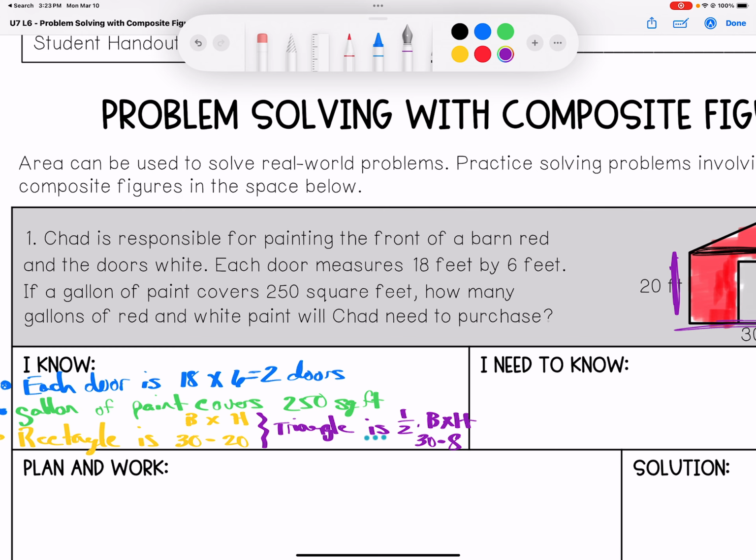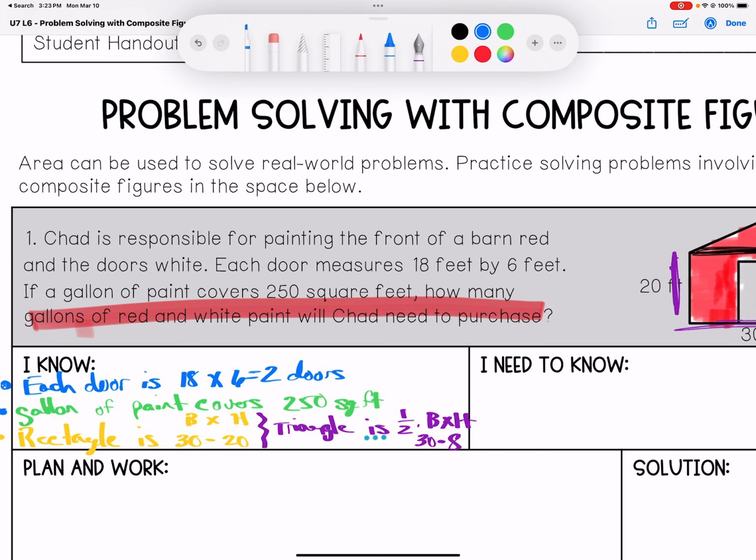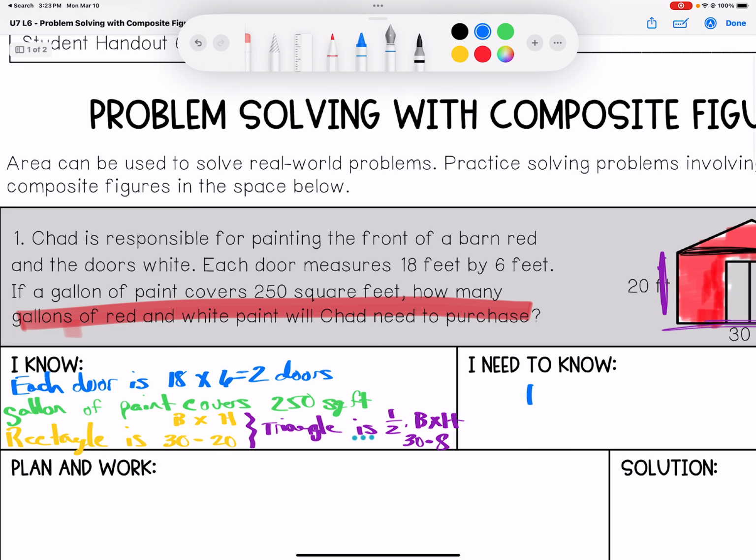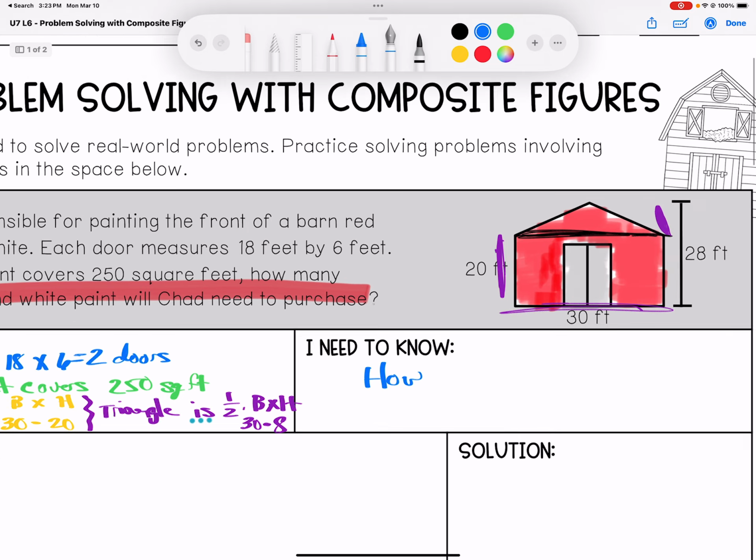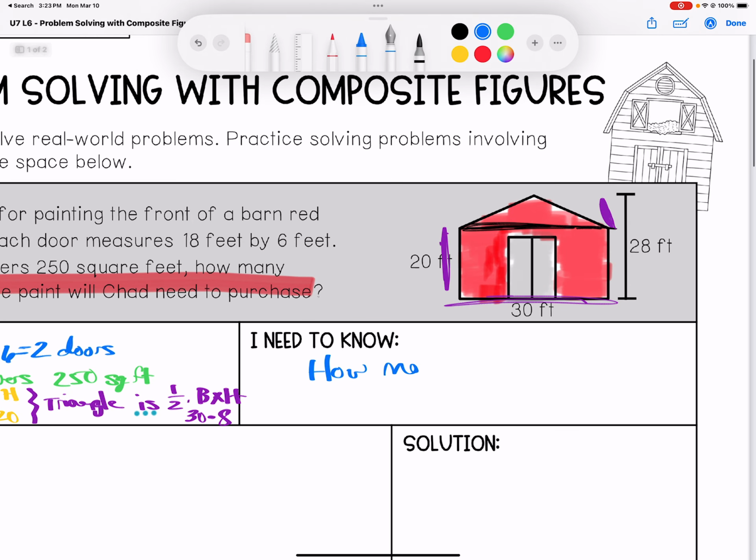All right, what is the whole question? What are they asking us for? They're asking us how much red and white paint. So that's what they're asking us for at the end of the day. How many gallons of red and white paint?